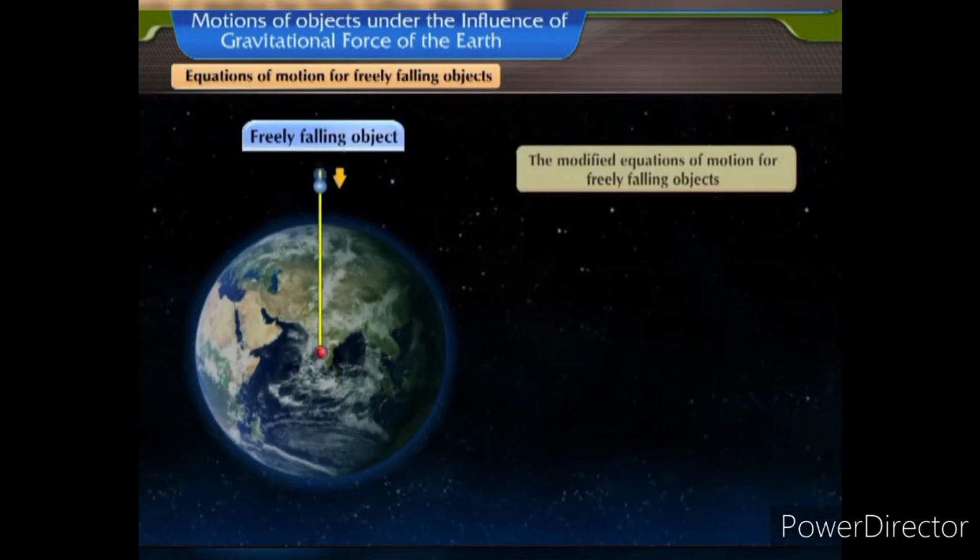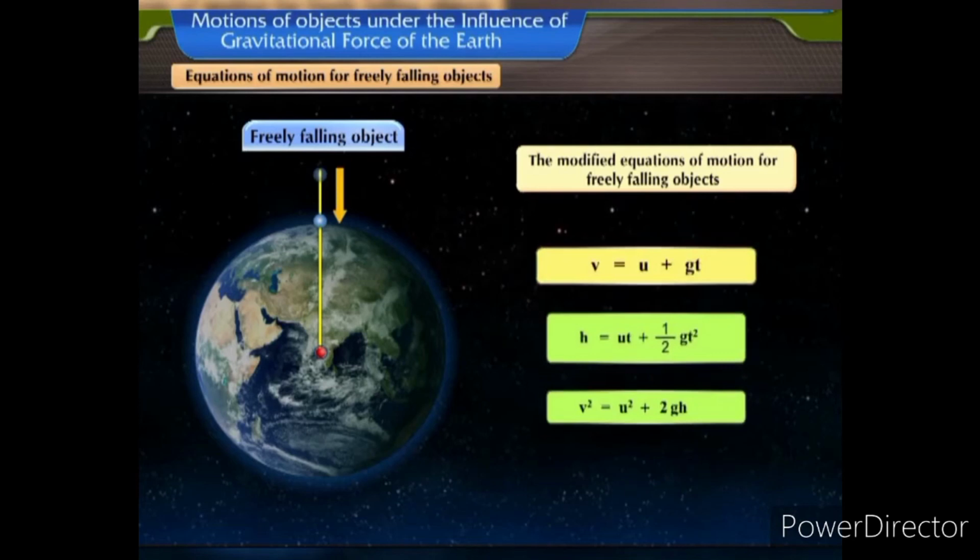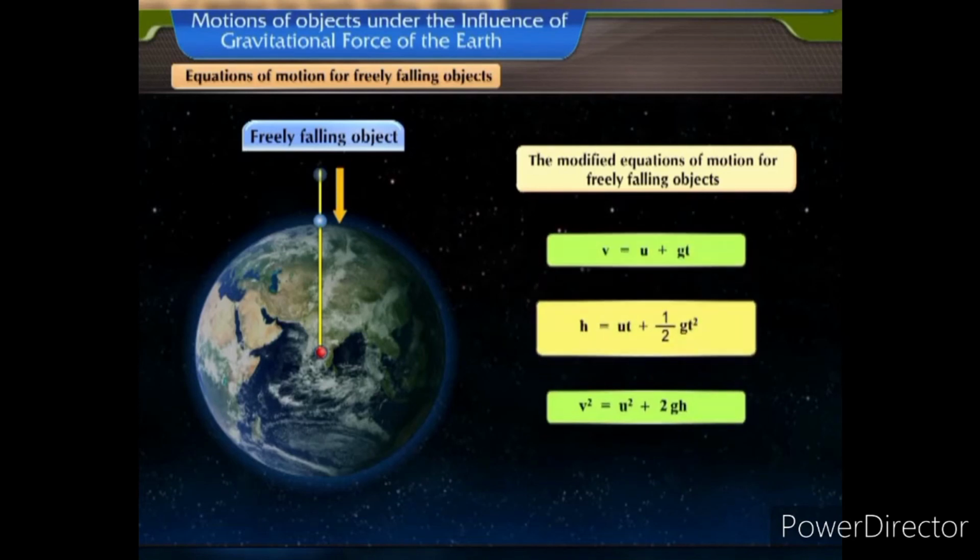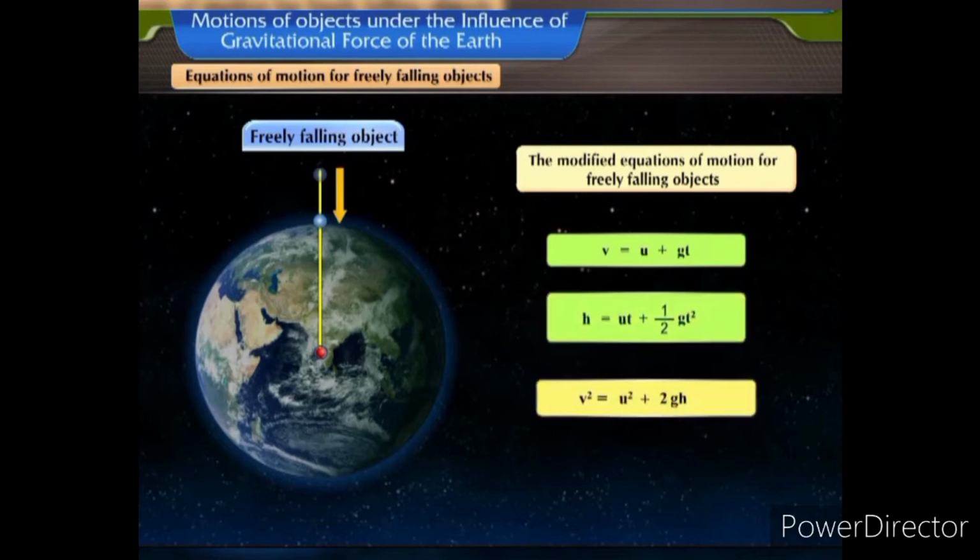On replacing, we get the modified equations of motion for freely falling objects as v is equal to u plus g into t, h is equal to u into t plus half g into t square, v square is equal to u square plus 2 into g into h.